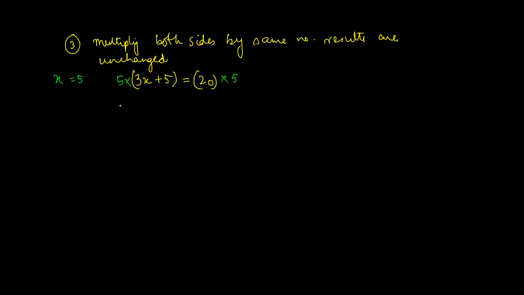So what will be the results? It will be 5 into 3 times x. 3 times x is 15 plus 5. 15 plus 5 is 20 into 5 is 100. 20 into 5 we know is 100. So if you multiply both the sides by the same number, and this number has to be any number other than 0, the results remain unchanged.